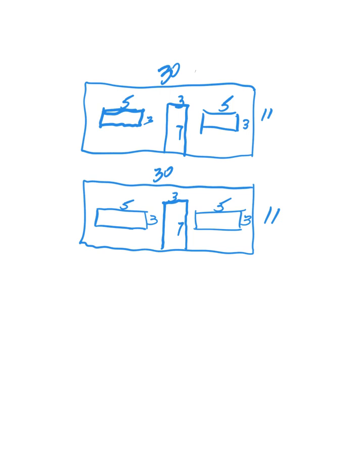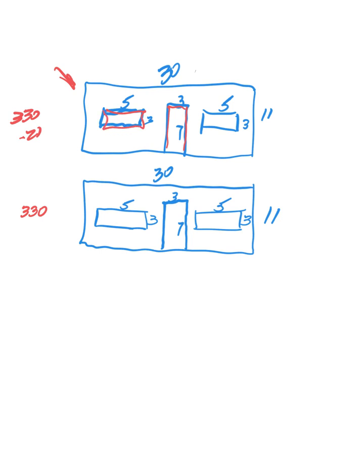Sam and Rick will use 2 coats of paint. Okay, so what I'm going to do now, first of all, is find the area of each of these walls. So the area of this wall right here is 30 by 11. Okay, so this is 330 square feet. And this one is 330 square feet. But then we have to take out this area, which is 21, 3 times 7.